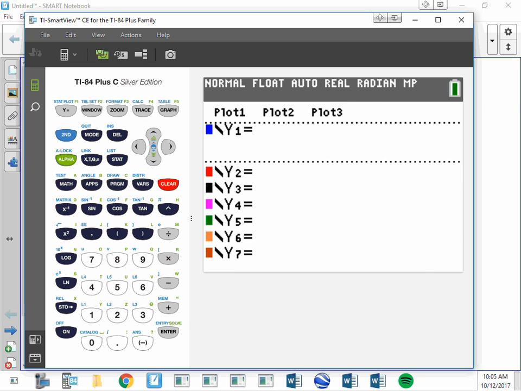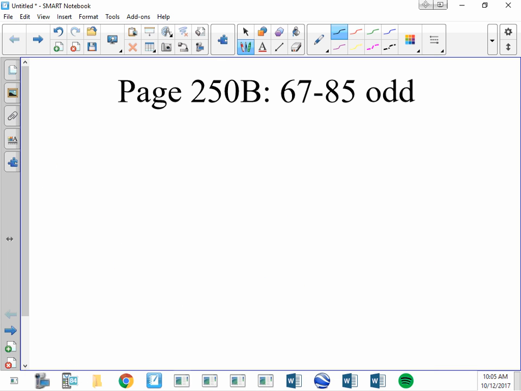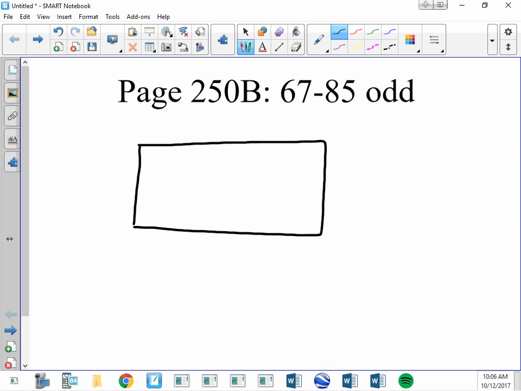Okay, this one is a little bit tricky. We have a rectangle, and we're going to cut the rectangle in half. So we need to choose a variable. What should we call x? Because it doesn't really matter.